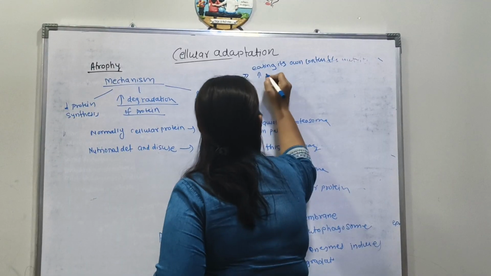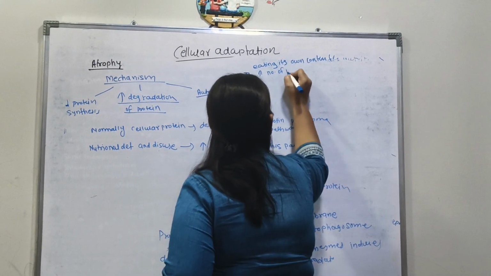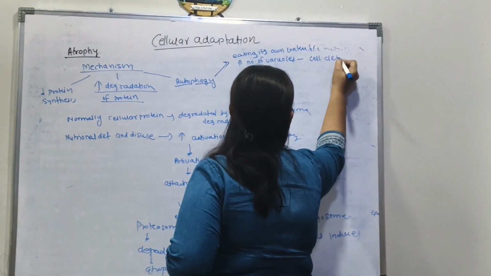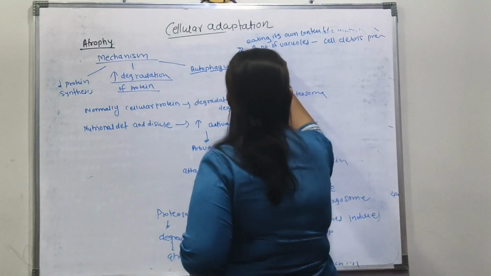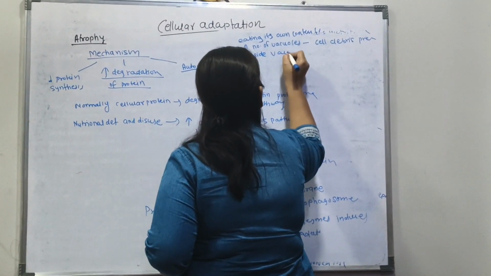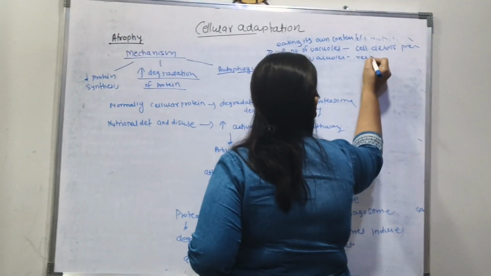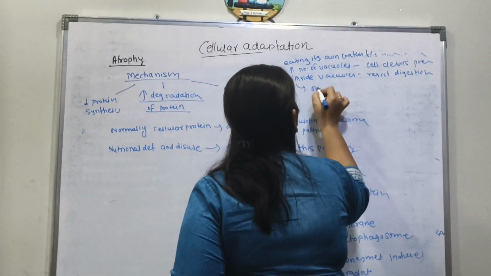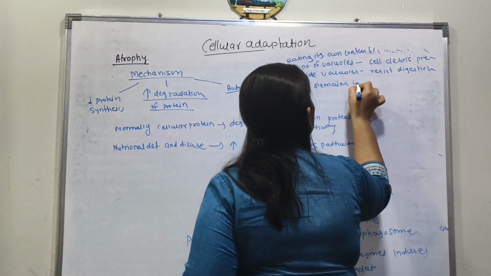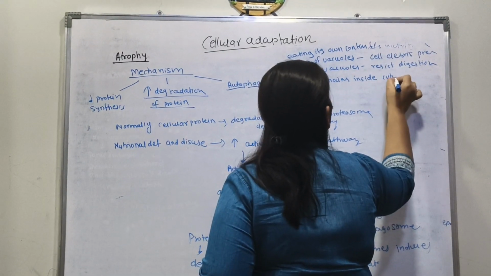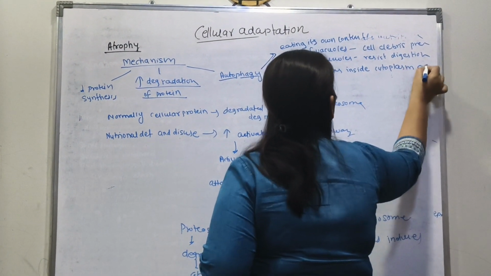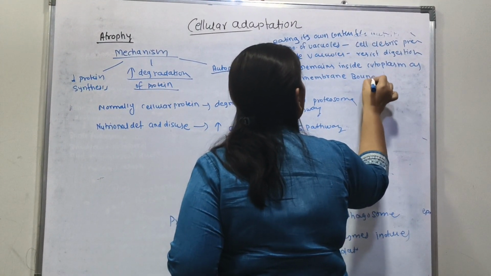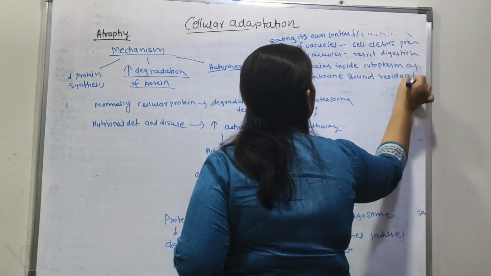Due to eating its own content, there is an increased number of vacuoles and some amount of cell debris present inside vacuoles which resist digestion, so it remains inside the cytoplasm as a membrane bound residual body.